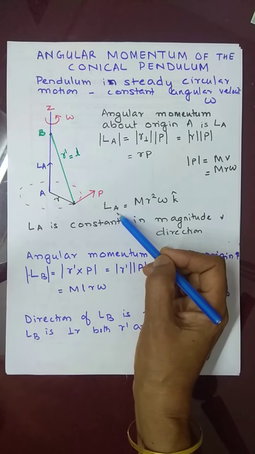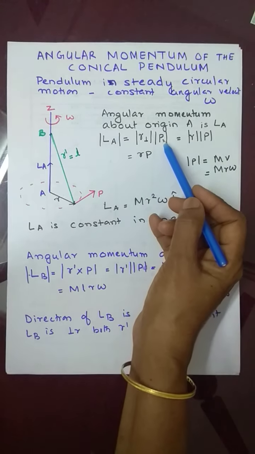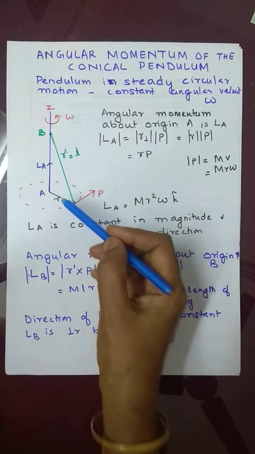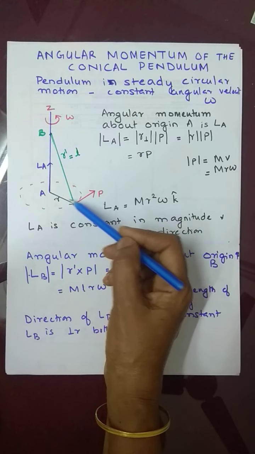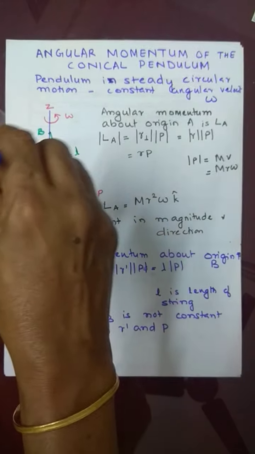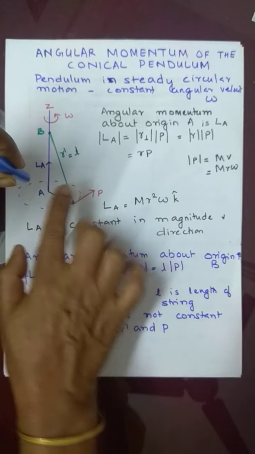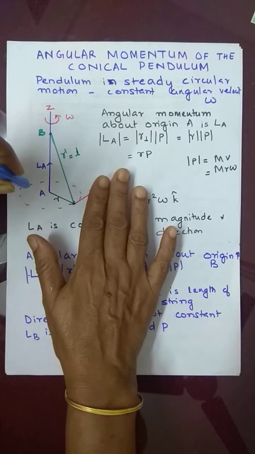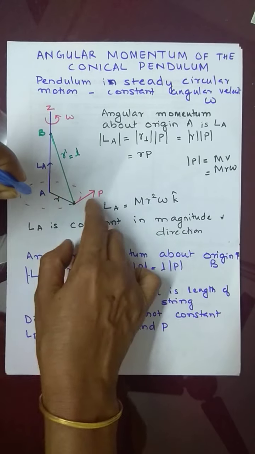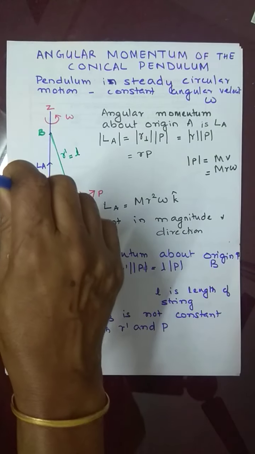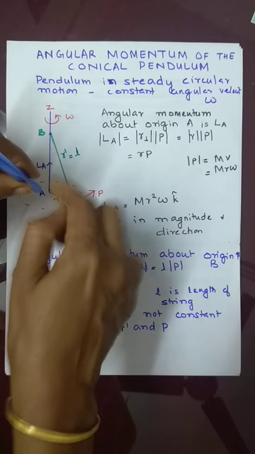And the direction of the angular momentum, because it is r cross p, will be perpendicular to both r and p. If you look at the pendulum rotating like this, r and p are in the same plane. It is in the plane of the paper. So perpendicular to that is the direction of angular momentum A. So that will be along the z-axis.